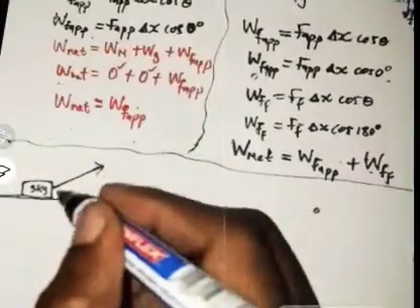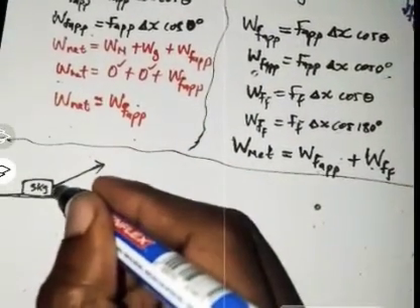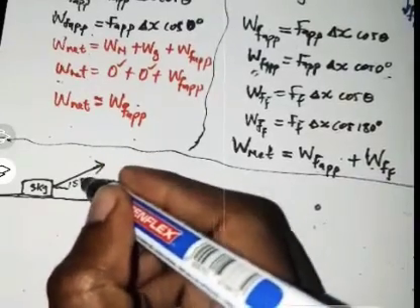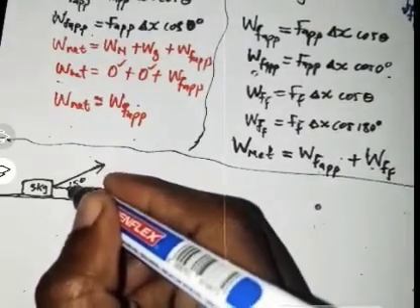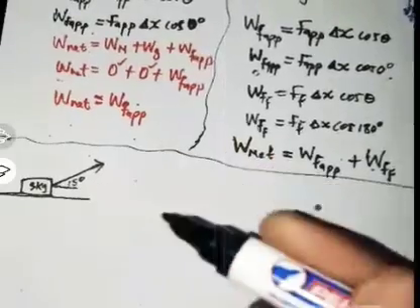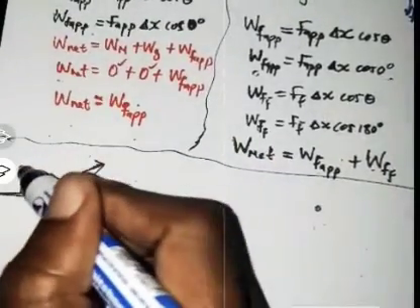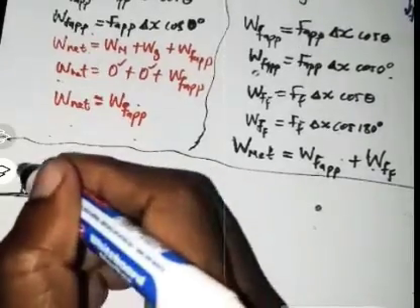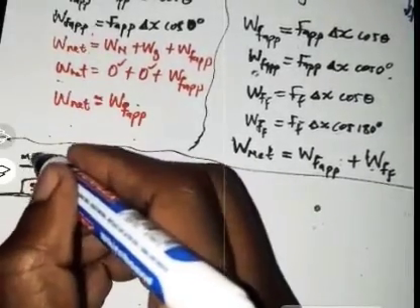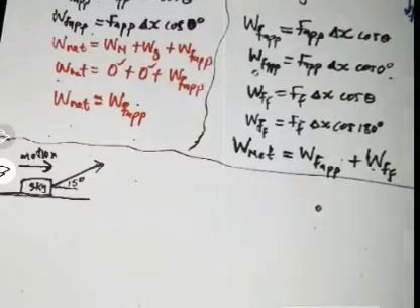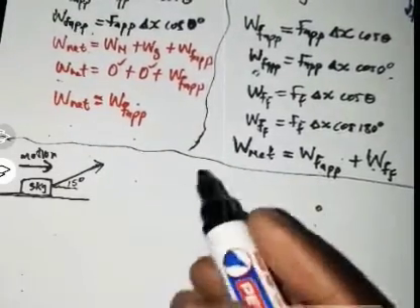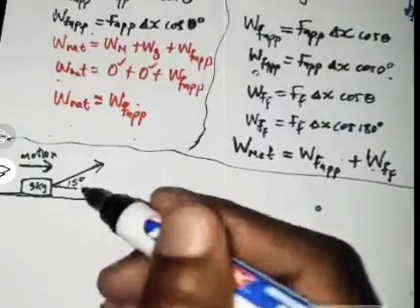Let's just give it a number, 15 degrees, and the object is displacing this way. This is the motion, and let's say this is a smooth surface.